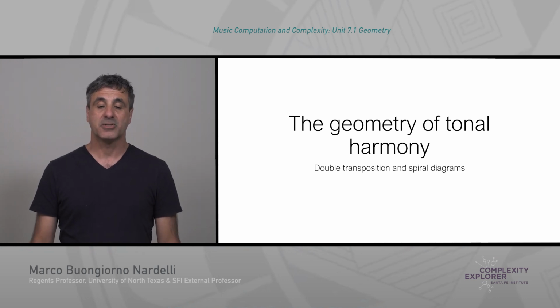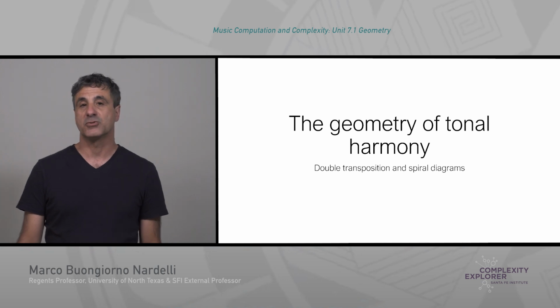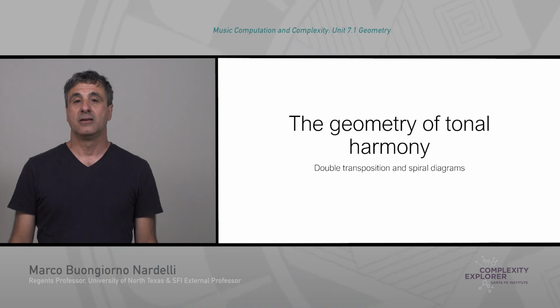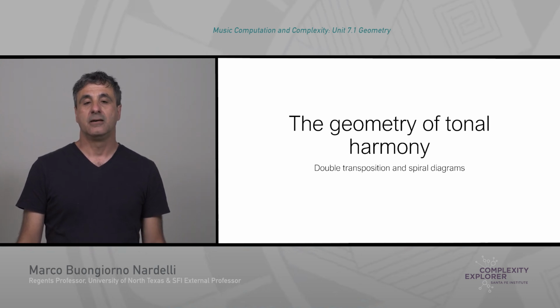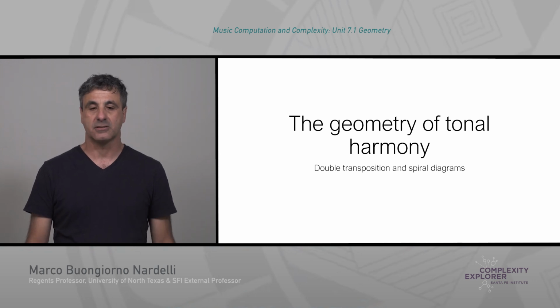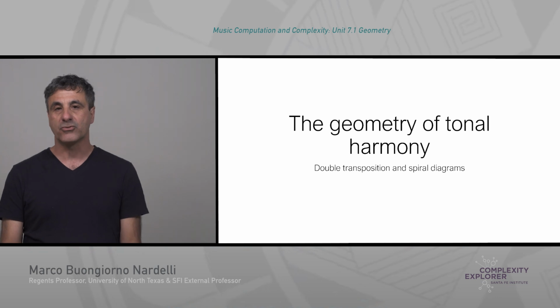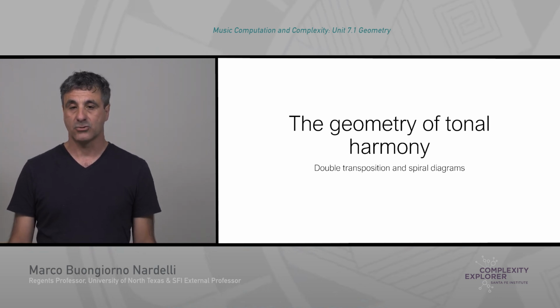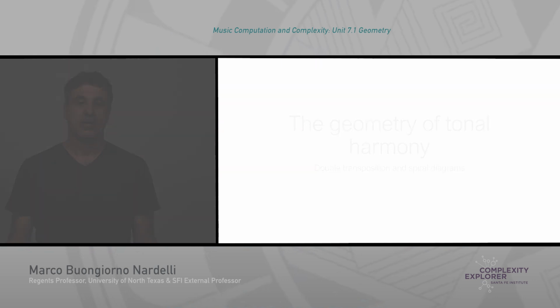In this lecture, we'll dig deeper into this concept of transposition along a collection, which turns out to be foundational for gaining a geometrical understanding of how pitch space works in the context of many different musical traditions. And of course, here we'll focus mostly on the tonal harmony tradition of Western classical music.